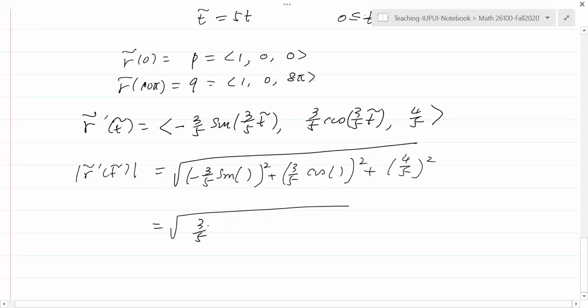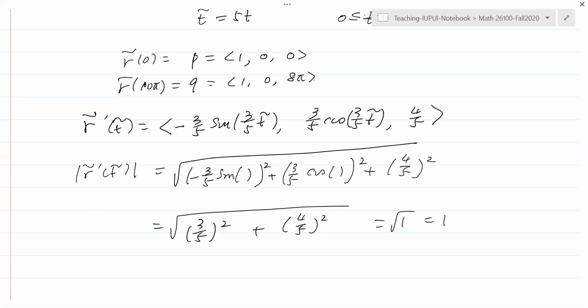So you only have 3 over 5 squared and 4 over 5 squared, and adding them together gives 1, since 3 squared plus 4 squared is 5 squared, so that cancels out. The square root of 1 is 1. So this one has a constant unit tangent vector, and this vector equation describes the same curve.